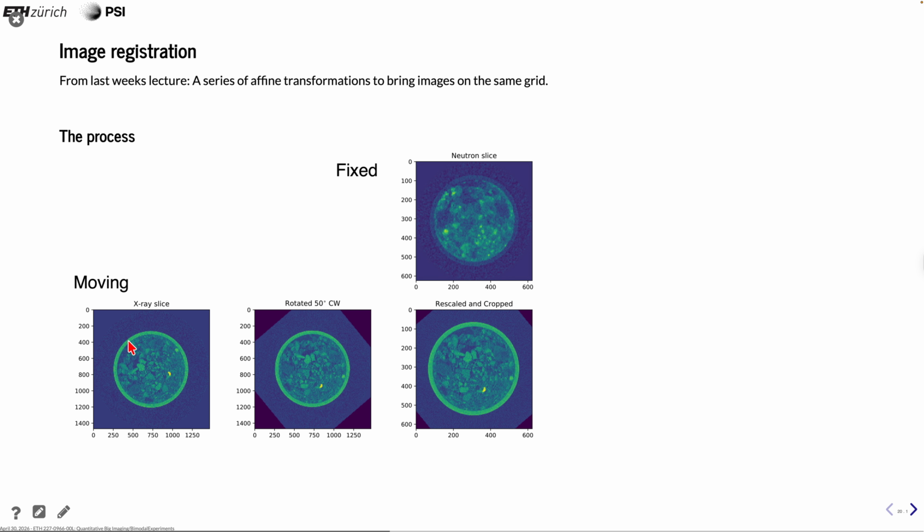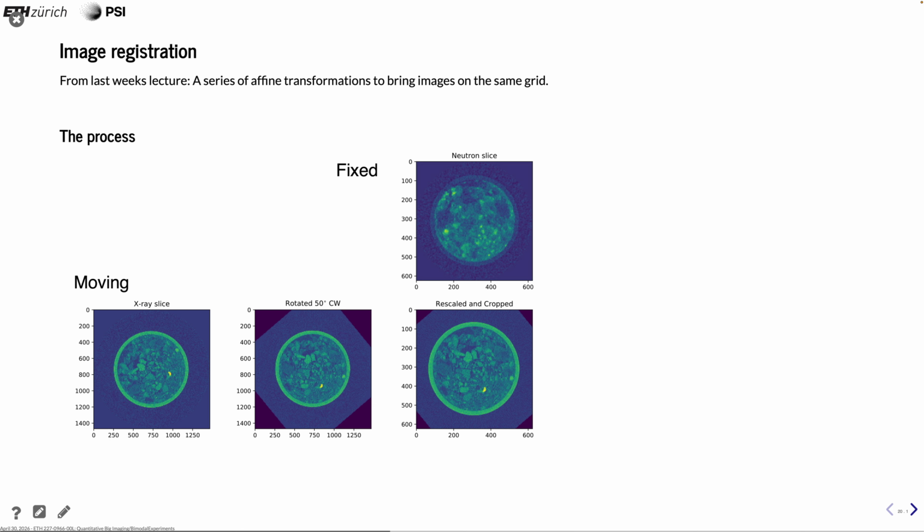Looking at it, we can see easily that the sample container gives a bright contrast in the X-rays, while it's very low contrast for the neutron image. Then the question is how we can fix this. The first part, finding the overlap of the cylinder, is quite easy.